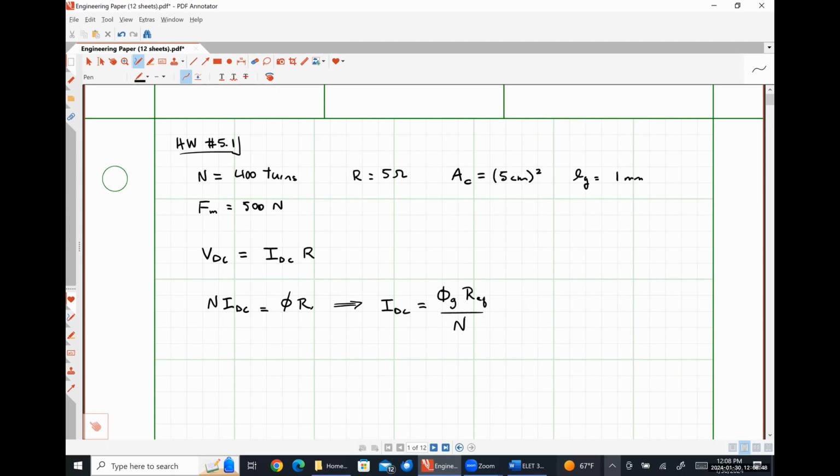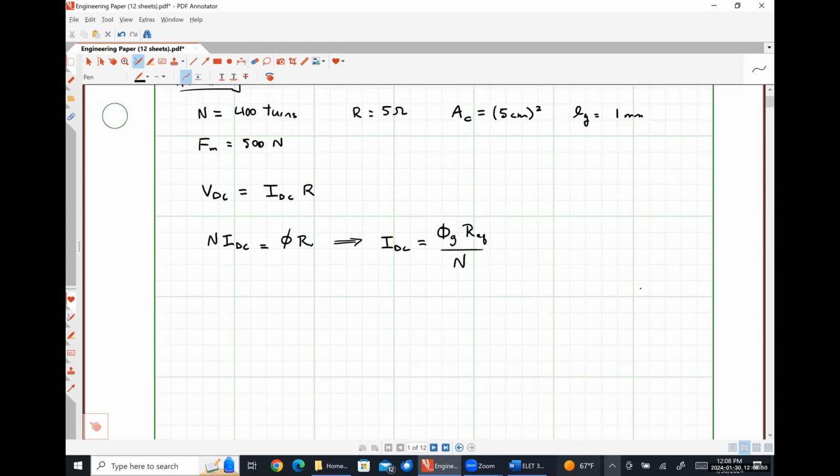Okay. So let's figure out our equivalent reluctance. We have two identical air gaps. So I'm going to have 2 times the length of my air gap divided by the permeability of my air gap, which is mu naught, times the area of my air gap, which is going to be 5 centimeters plus LG, squared.